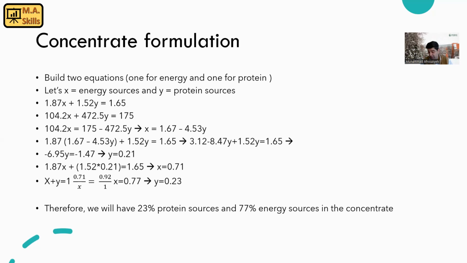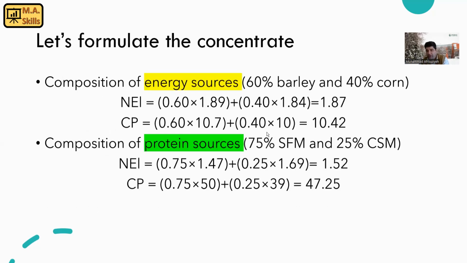So if you look here, our target protein level was 17.5%. I multiplied it by 10, so I have 175 grams per kilo, the target protein level. What was the protein level in my energy sources? It was 10.42%. Again, I multiplied it by 10.